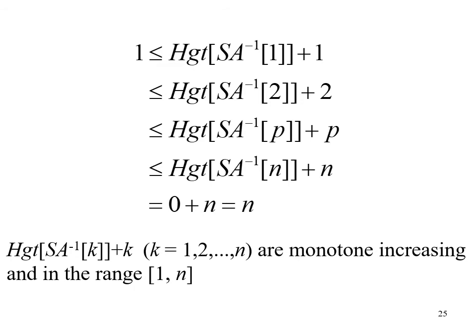The first value is at least 1, because height is always non-negative and there is plus 1, so this is the smallest one.